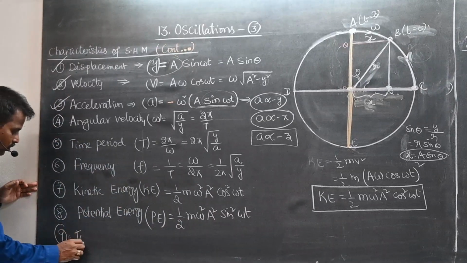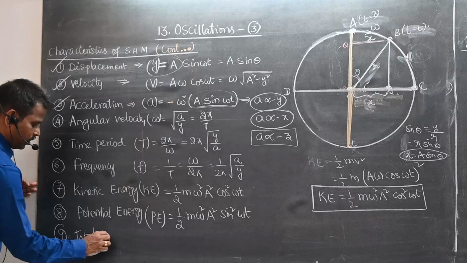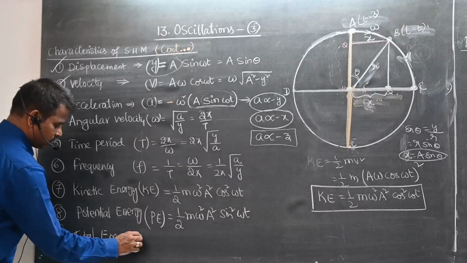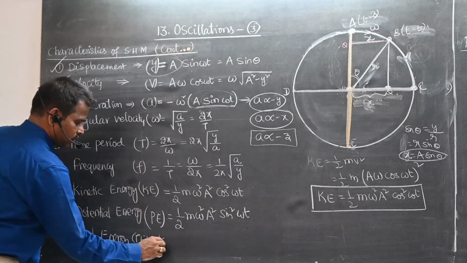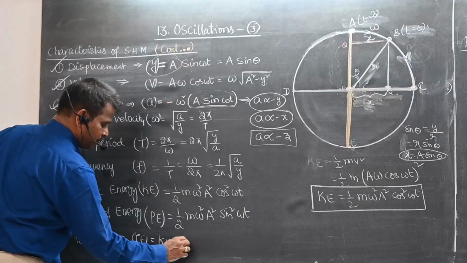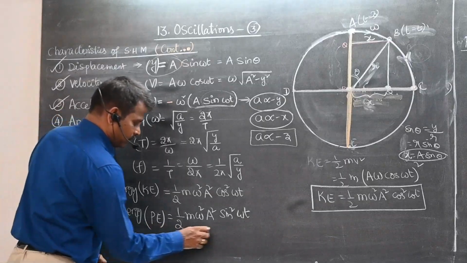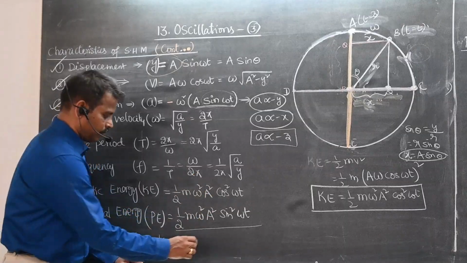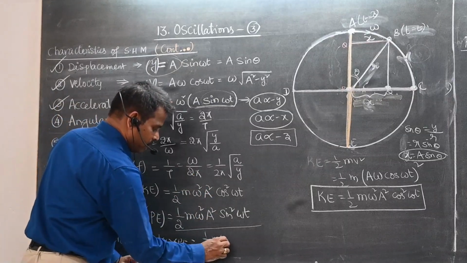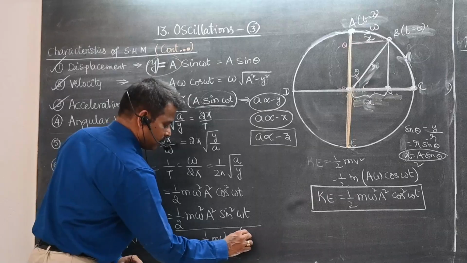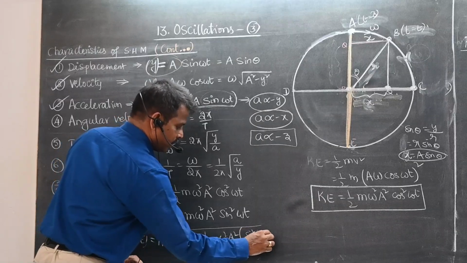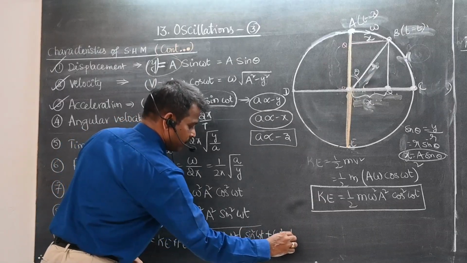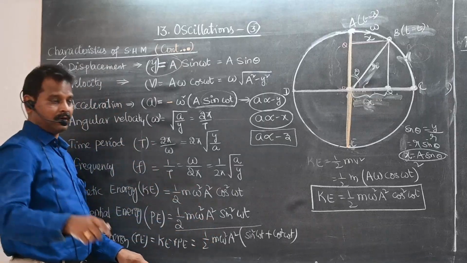Now very simple. How do we find the total energy of a simple harmonic oscillator? This is the sum of KE plus PE. Adding these two, half m omega square a square is common, and the remaining sin square omega t plus cos square omega t is equal to 1.